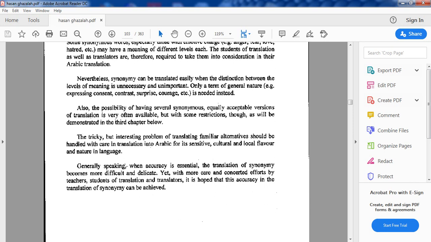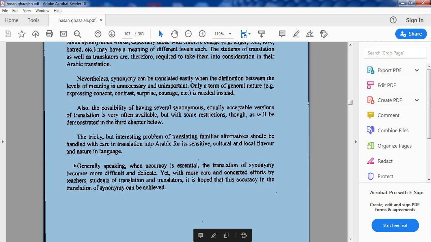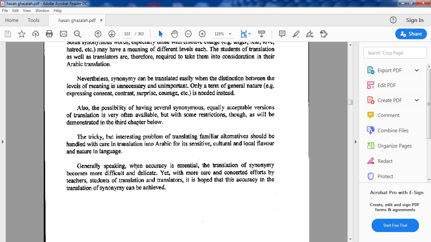So, generally speaking, and this is the final note here, and it's important: when accuracy is required, which means when you want to be precise in translation, the translation of synonymy becomes more difficult and delicate.